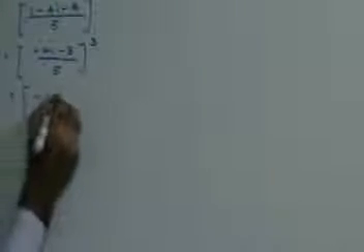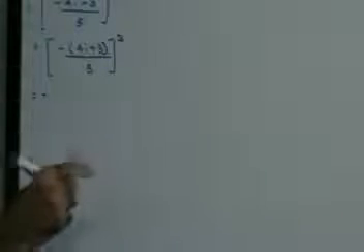This is (minus 4i minus 3) upon 5, the whole cube. I could take the minus sign common, so this is (4i plus 3) upon 5, the whole cube. Now minus the whole cube will give you minus, because minus into minus is plus, plus into minus is minus.